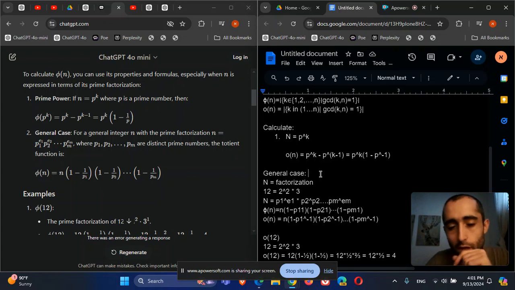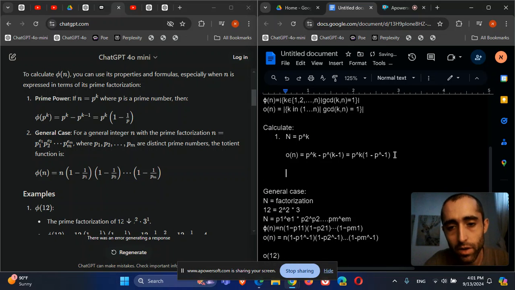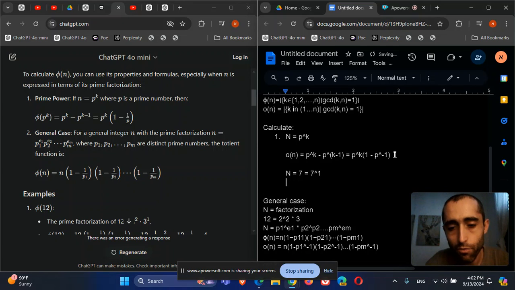it's very interesting. Think about it. If I have, just for example, if n is a prime number itself, for example 7, so it's a prime number to the power of 1, so my k is 1, right? Because it's 7 to the power of 1. So it's the prime number to the power of 1 minus the prime number to the power of 0.